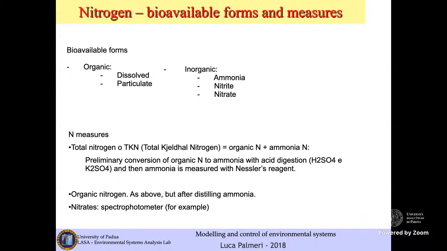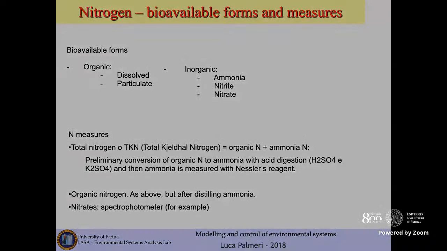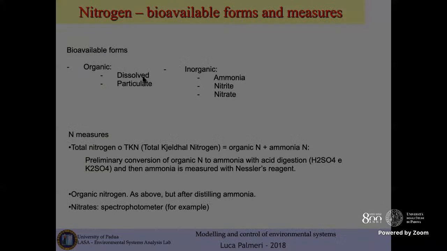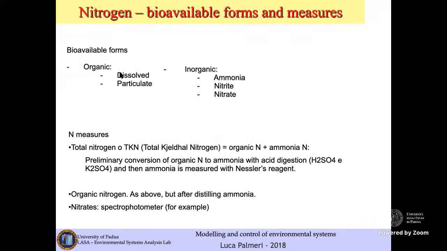Organic forms of nitrogen may be dissolved or particulate, as we said, but it is important to note that these are the bioavailable forms. So organic nitrogen may be found bioavailable in dissolved forms. So this is dissolved organic nitrogen, sometimes called DON, or particulate organic nitrogen, sometimes called PON, but the most available forms are the inorganic ammonia or nitrate.